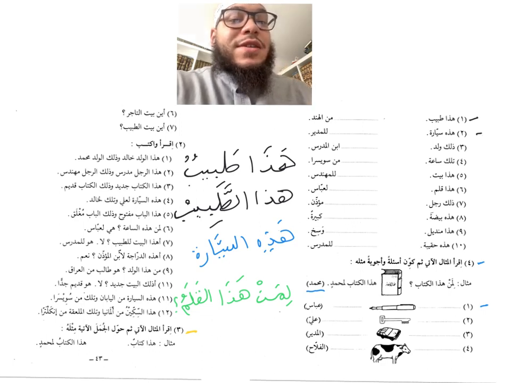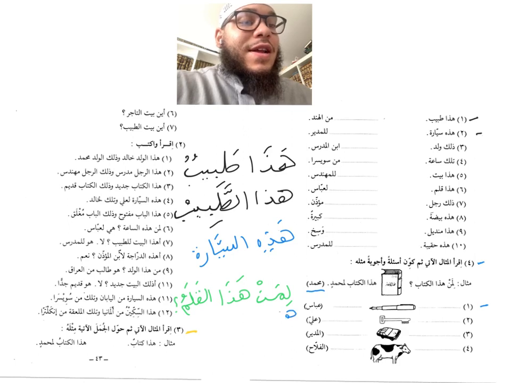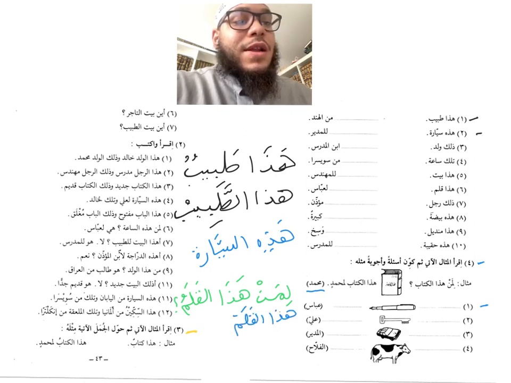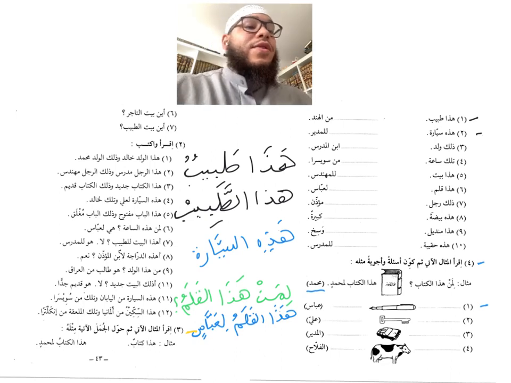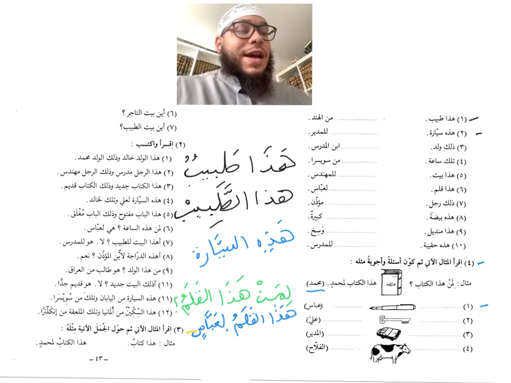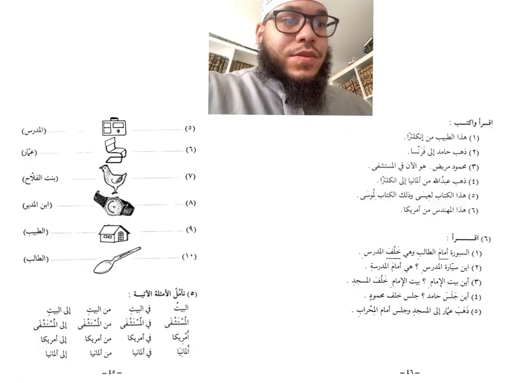So we're going to say هذا القلم لعباس, just like this. And you're going to do that for the rest of the exercise. That will go on to the next page also, inshallah.